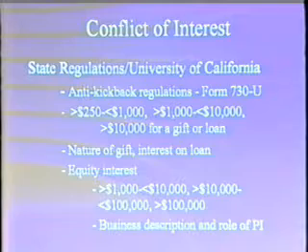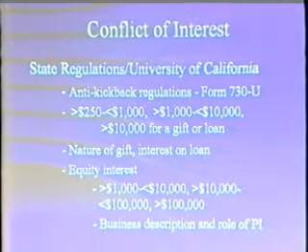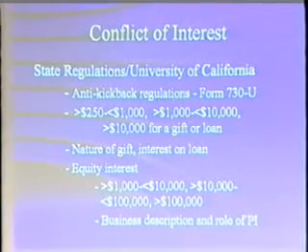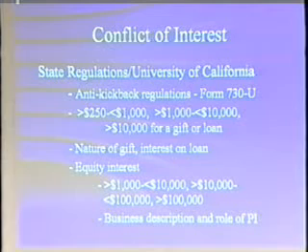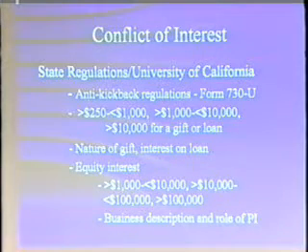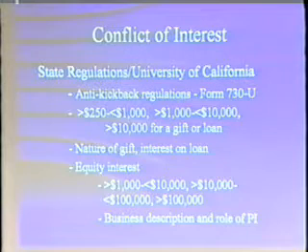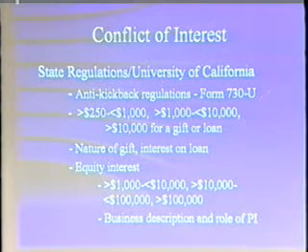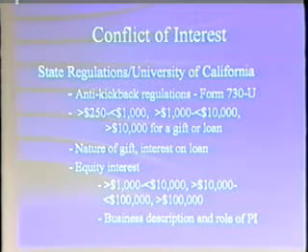But the way the legislation was written in the state of California was that it said all state of California employees. And someone pointed out that University of California professors are state of California employees, and therefore the regulations had to apply to them.